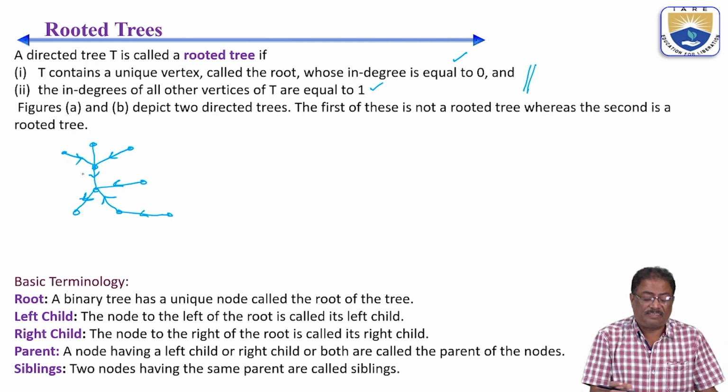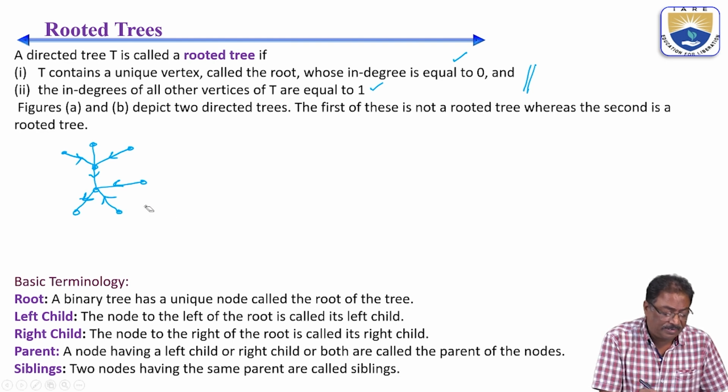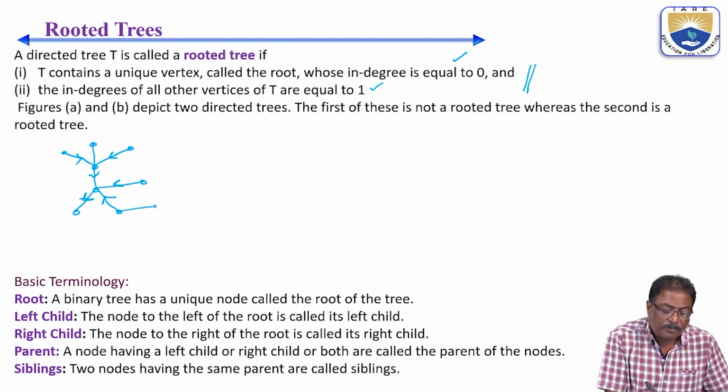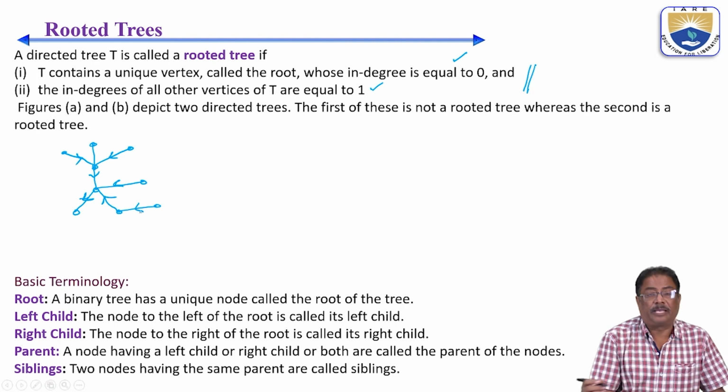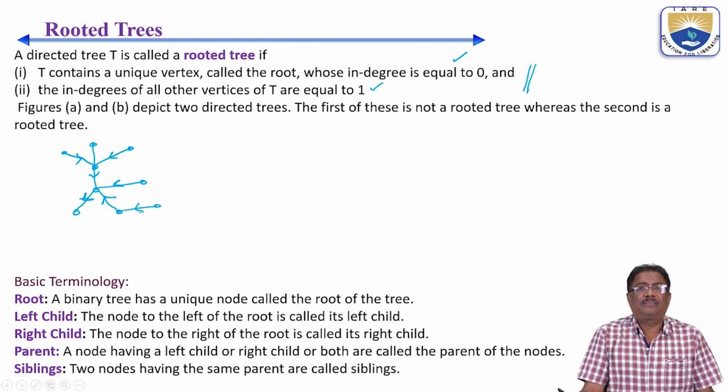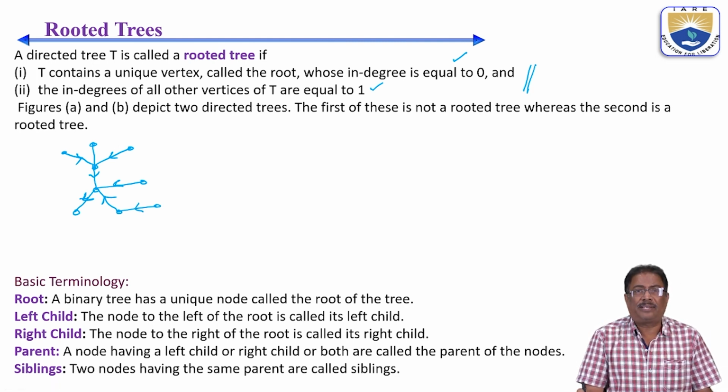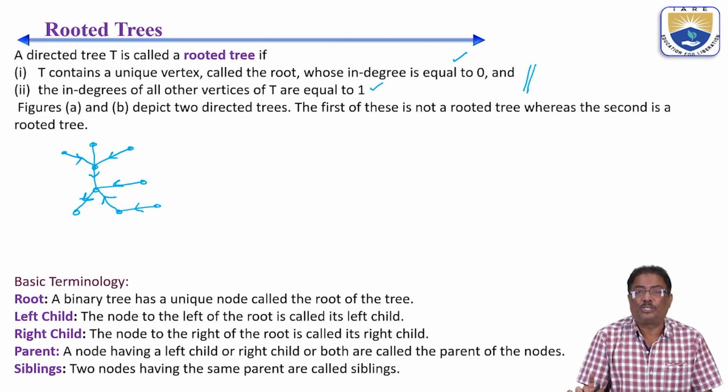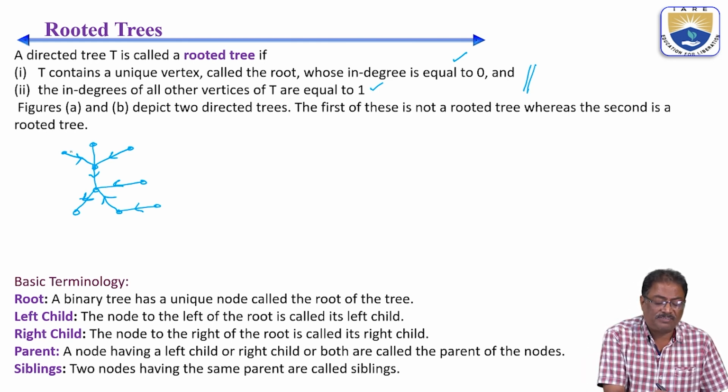Let us consider this is a directed tree. Here the condition is that there is one unique vertex whose in degree is equal to 0. So what about the in degree of the vertices here?